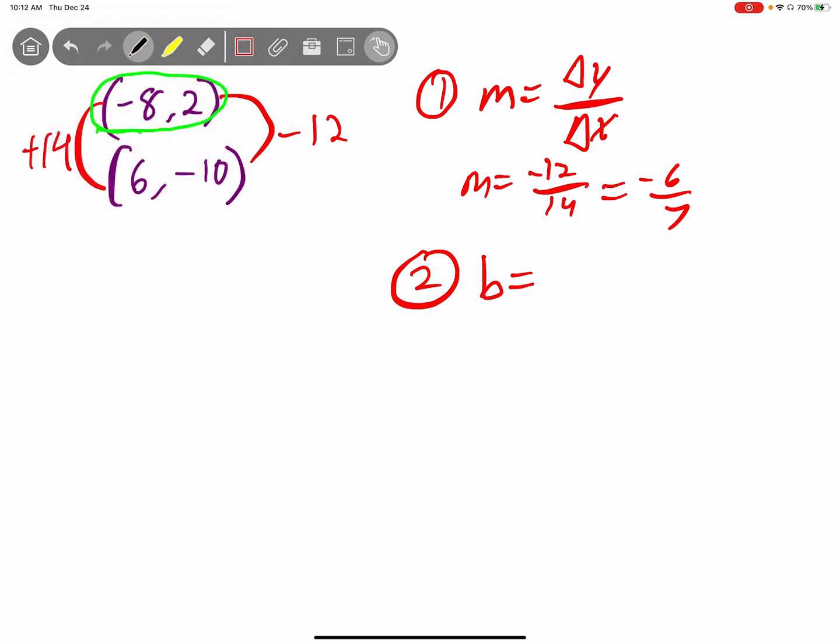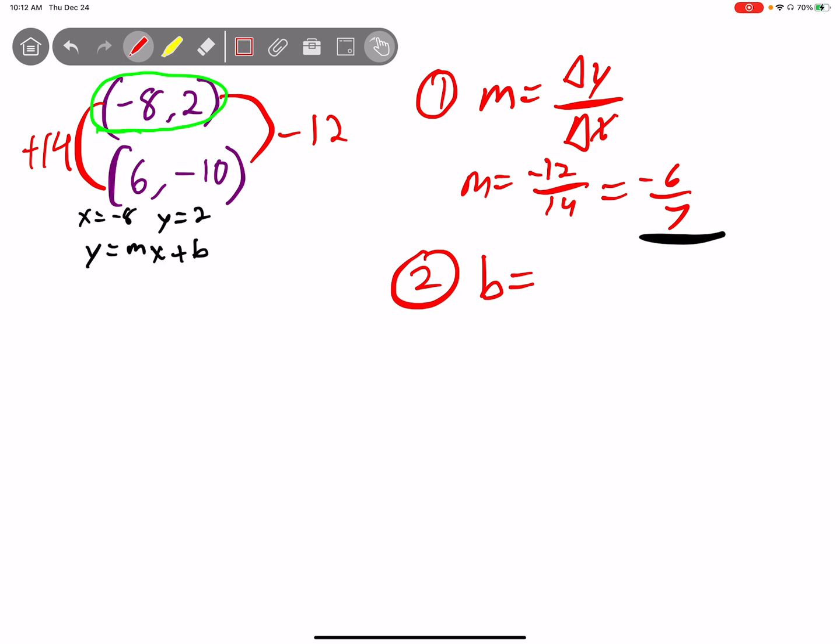Let's do the first one. We know x equals negative 8, y equals 2. We're going to plug in y for y, and y equals mx plus b. We know the value of m, it's negative 6/7. We know x is negative 8. We're going to find b.